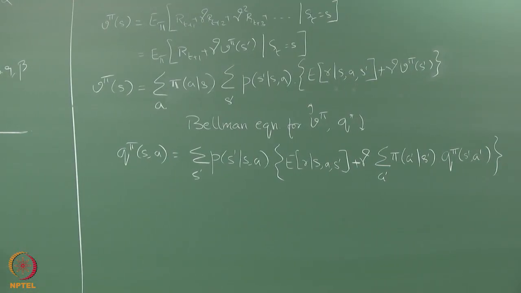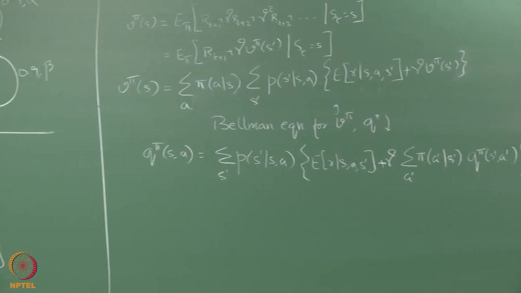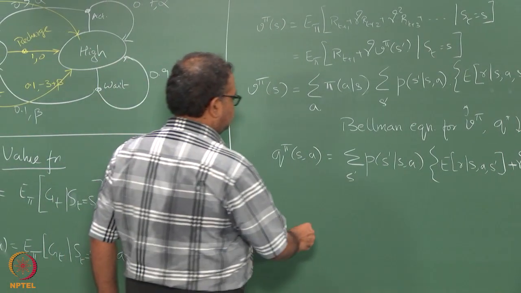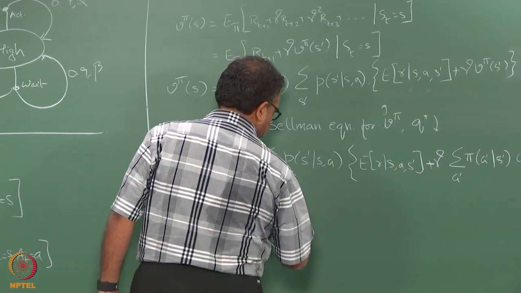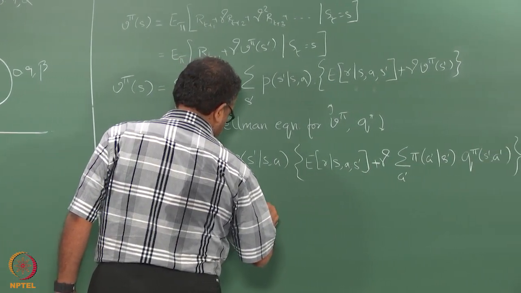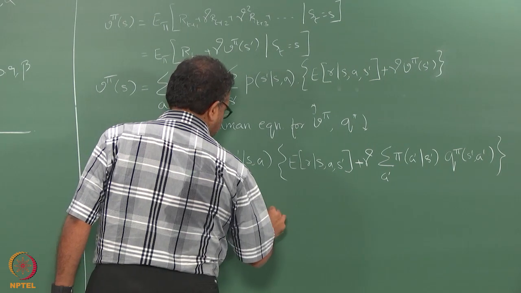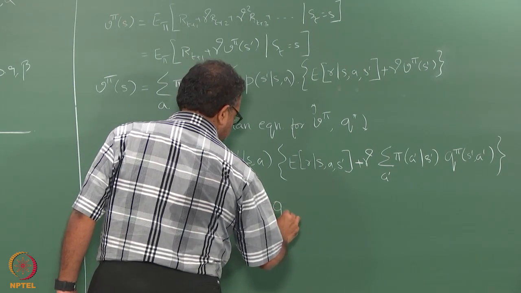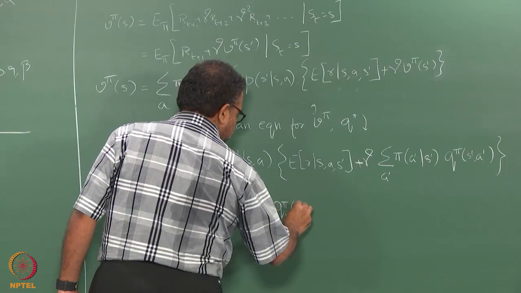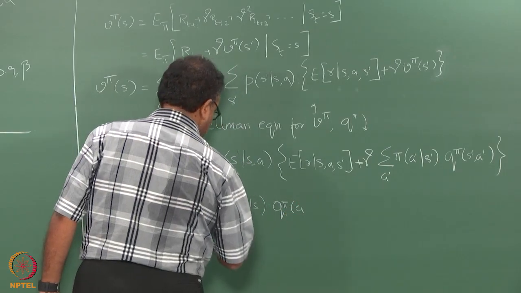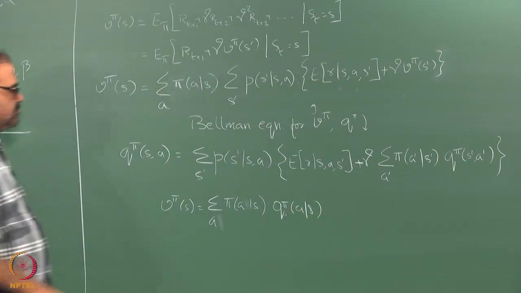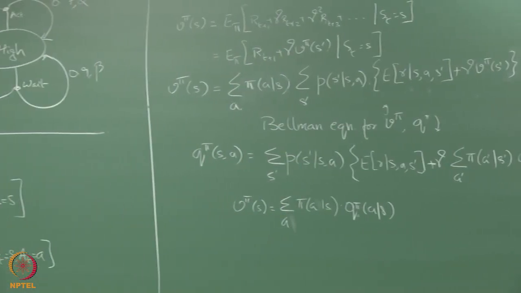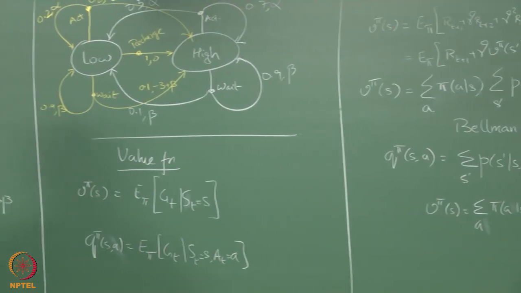Okay. So this should also give you one more ancillary equation there, and that is the way Q and V are related.